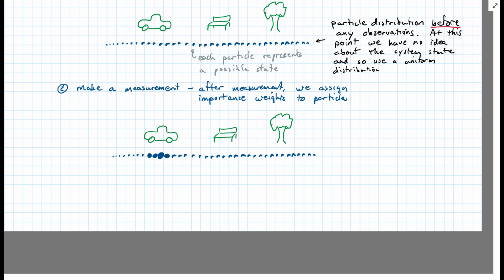According to their likelihood, particles will be large or small. So how do we assign these importance weights?